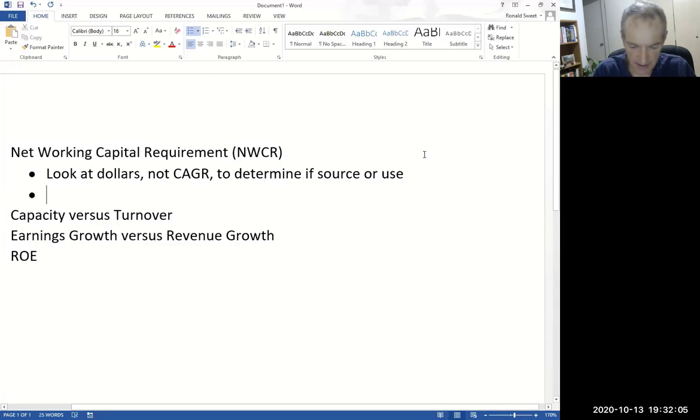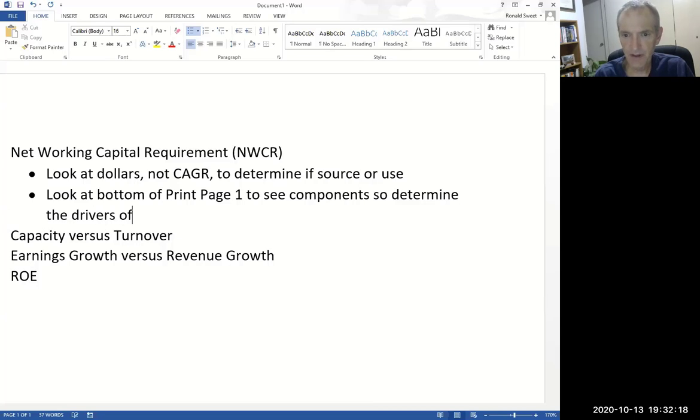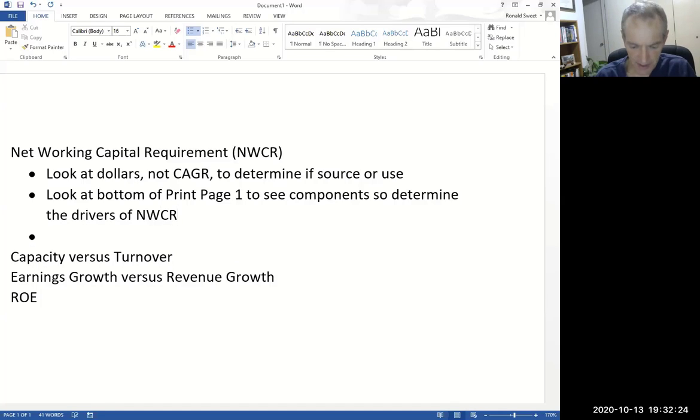And the second thing is look at the bottom of print page 1 to see the components so that you can talk about drivers of net working capital requirement. And don't forget that negative is good, positive is normal.